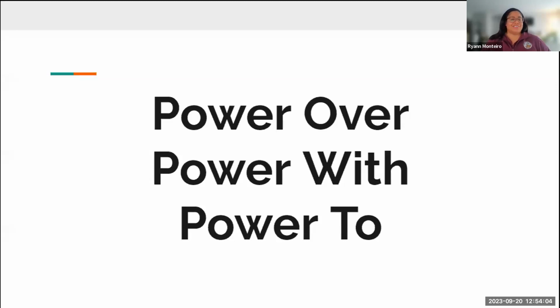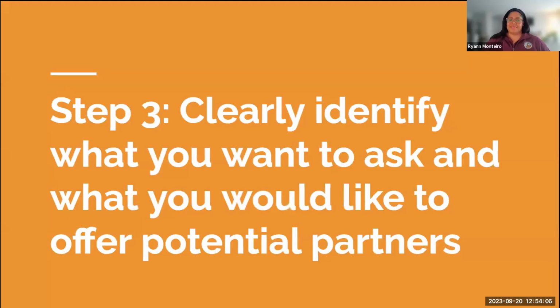So there's just a note on power. And then step 3 is clearly identifying what you want to ask and what you would like to offer potential partners. And I feel like these steps aren't exclusive to just Indigenous communities, but they're just good partnership practices in general.